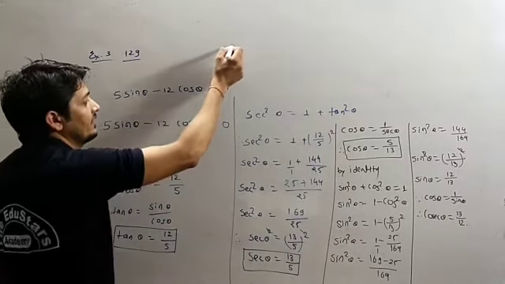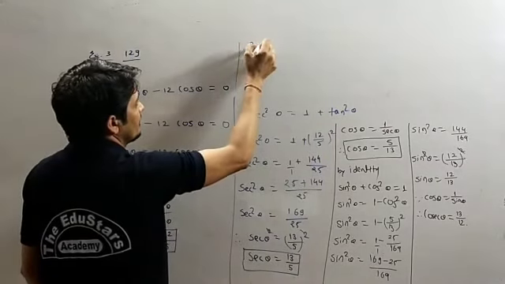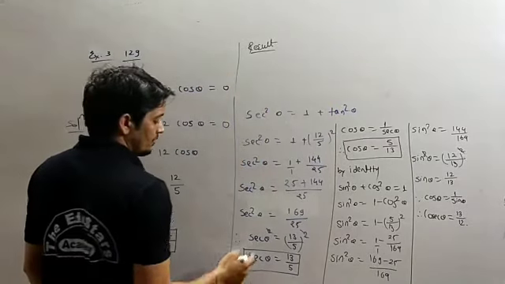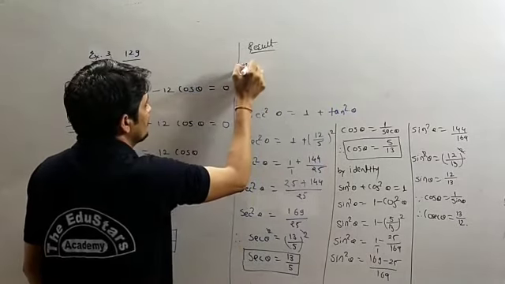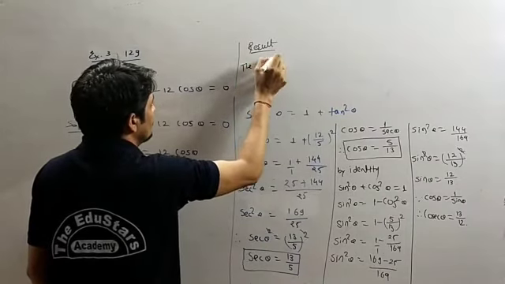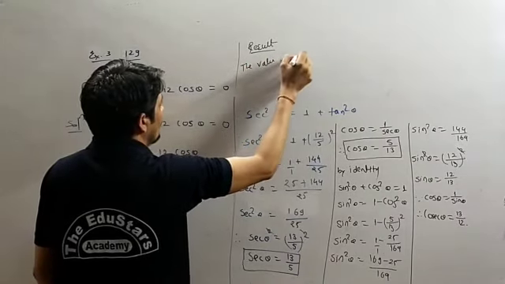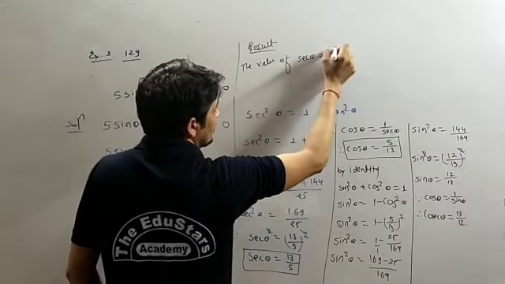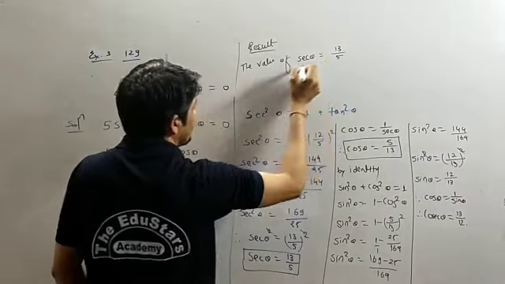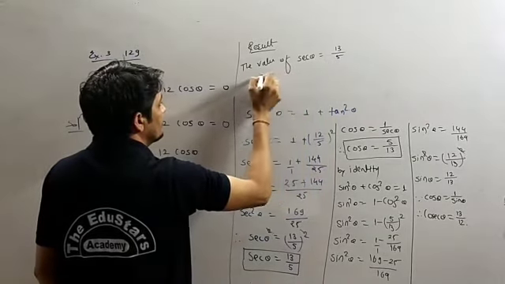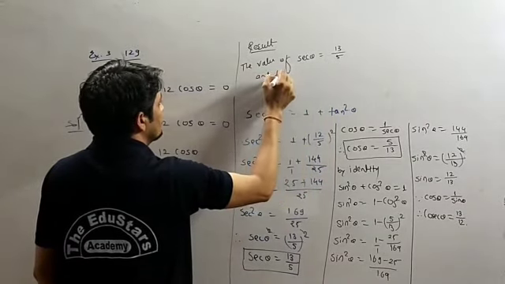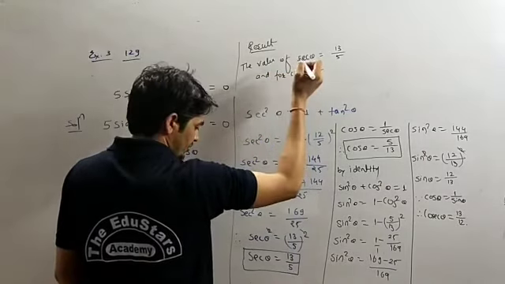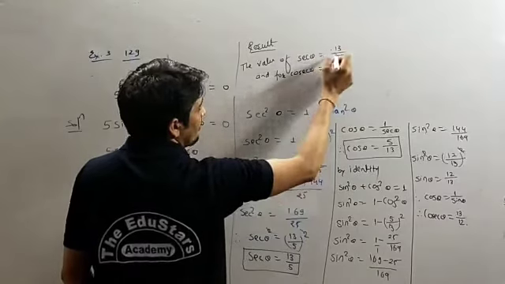Now we write the result. The value of sec theta equals 13 divided by 5, and cosec theta equals 13 divided by 12.